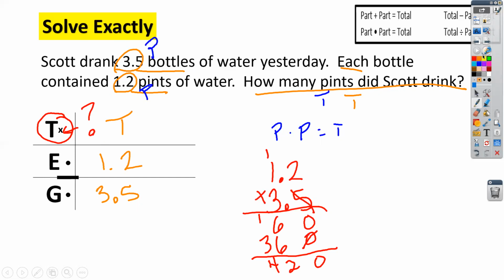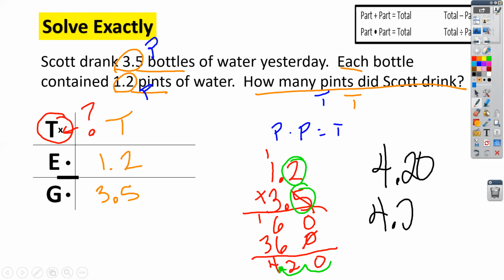And recall from last year, you count the number of numbers behind the decimal. So there's 1, 2. So starting at the back, you go 1, 2. So the final answer should be 4.20 or 4 2/10 pints.